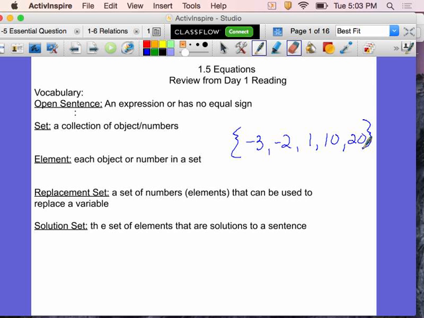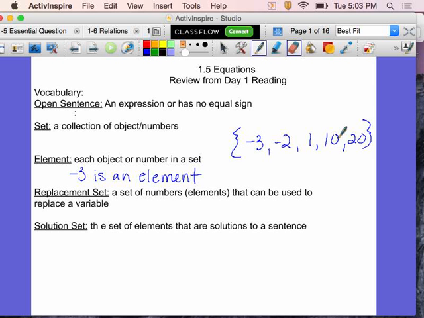An element is each object or number in a set. So all the individual numbers are elements. So I could say -3 is an element. And there are 1, 2, 3, 4, 5 elements in this one set.